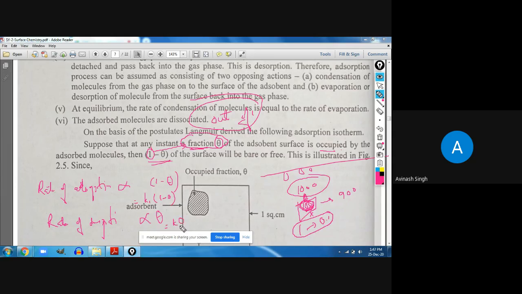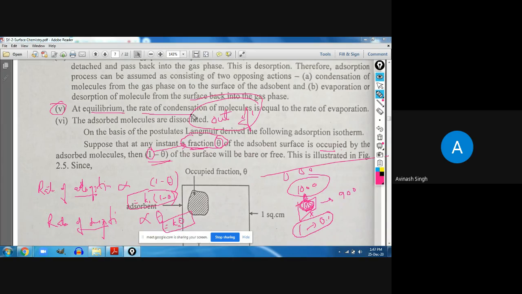At equilibrium, if it is at equilibrium, what does it mean? Not K1 equals K2; this entire thing will be equal to this entire thing. One is the rate of adsorption, one is the rate of desorption.